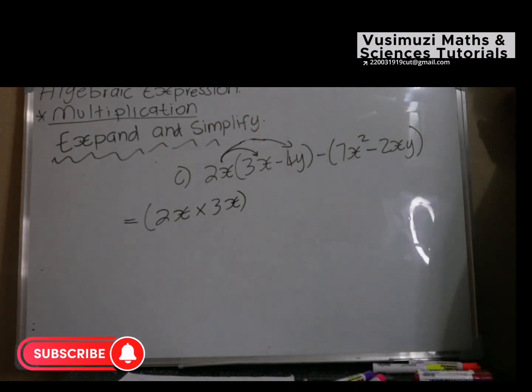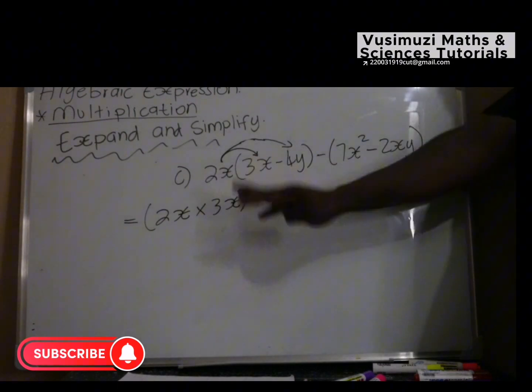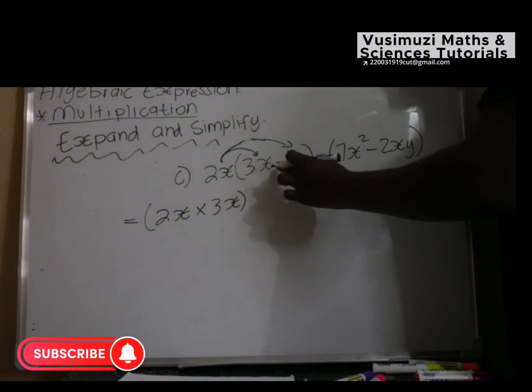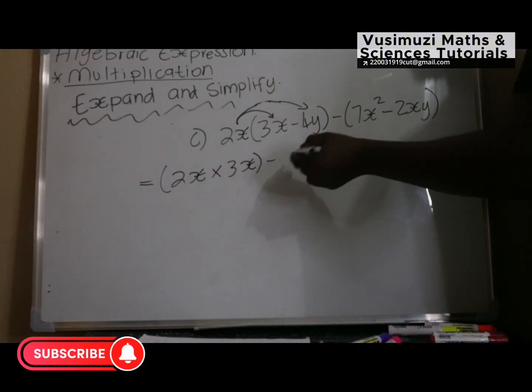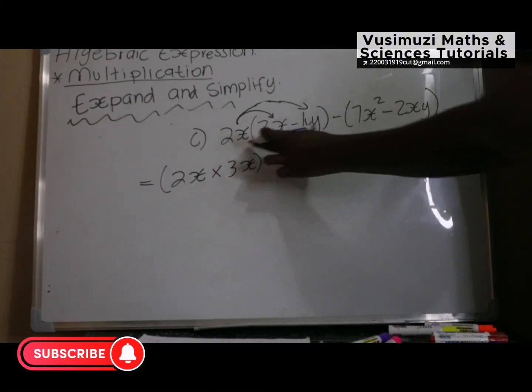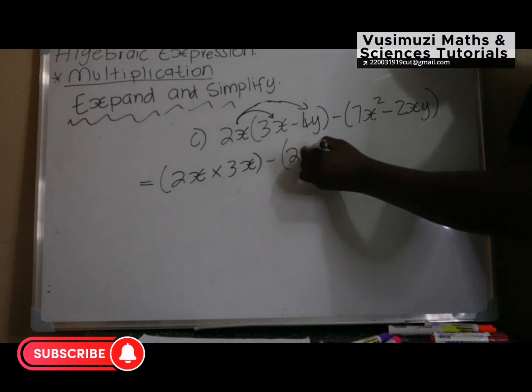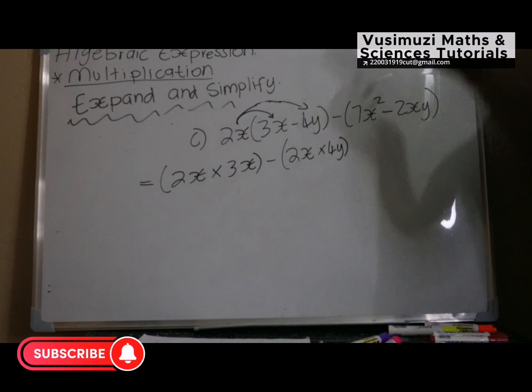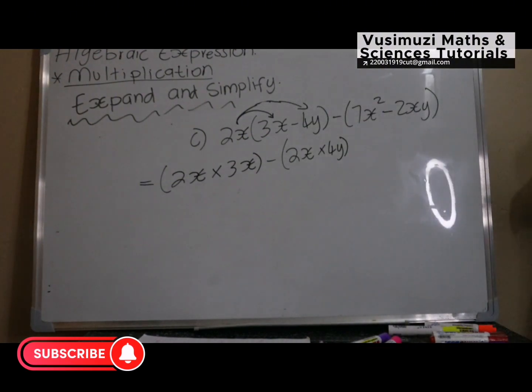Then positive times negative gives a negative, so you bring out this negative, open a bracket, 2x multiplied by 4y, then close the bracket. You are done.